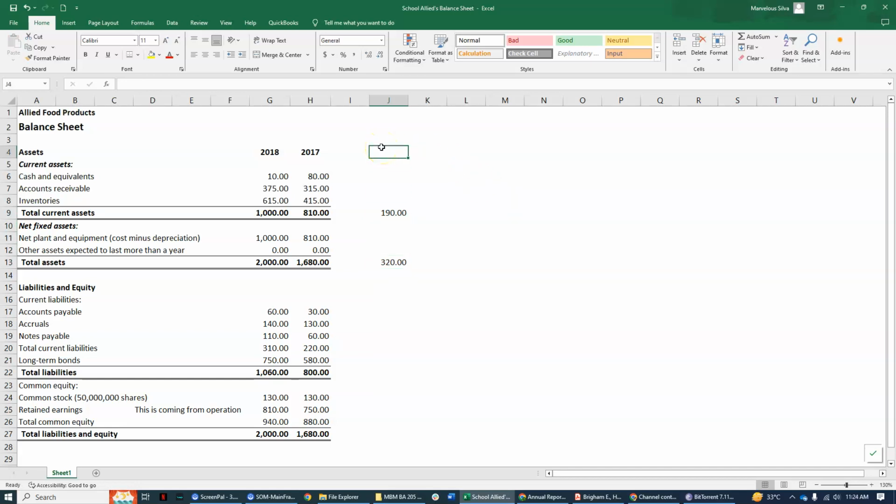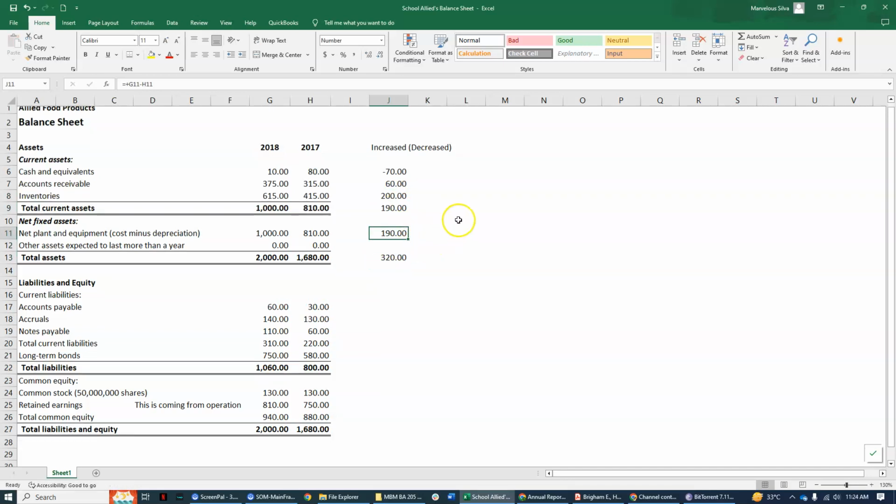This is the increase or decrease in the comparative. In the breakdown, you can see that the cash and cash equivalents decreased by 70, while the accounts receivable increased by 60 and inventories by 200. That's why it turned to 190, and the net plant assets increased by 190.